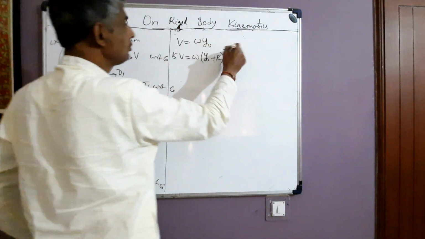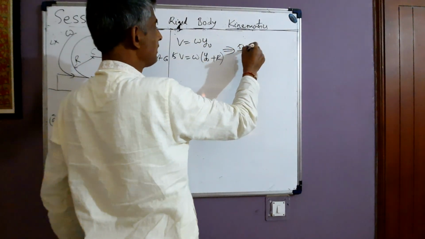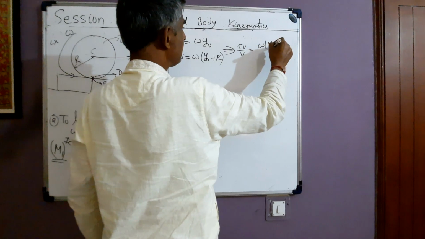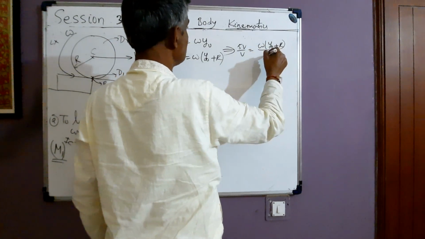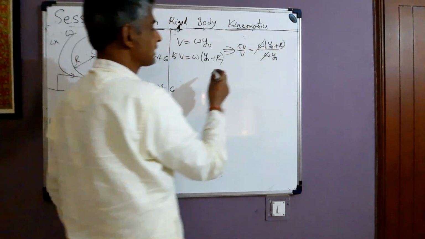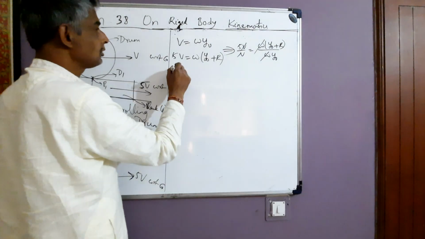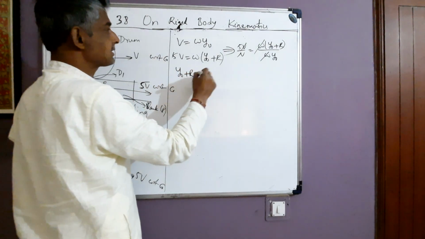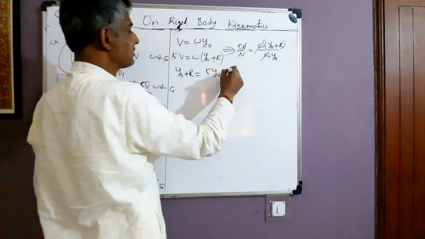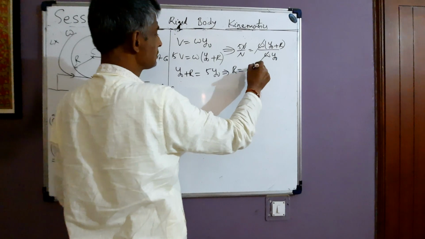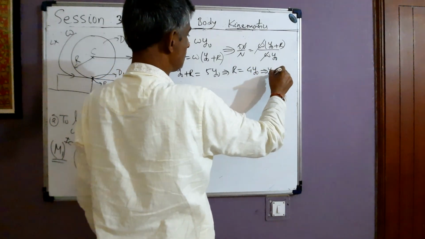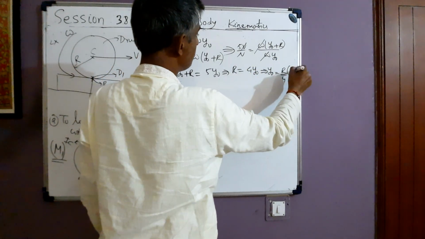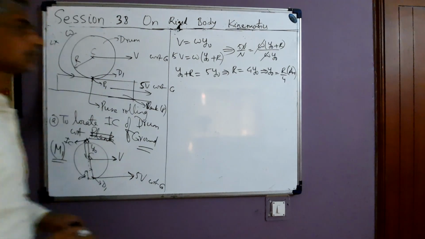Now we divide these two. When we divide these two, 5V by V becomes omega into (y0 plus R) by omega y0. Omega cancels out, V cancels out. So y0 plus R becomes 5y0. R becomes 4y0. Y0 becomes R by 4. This is the required answer.